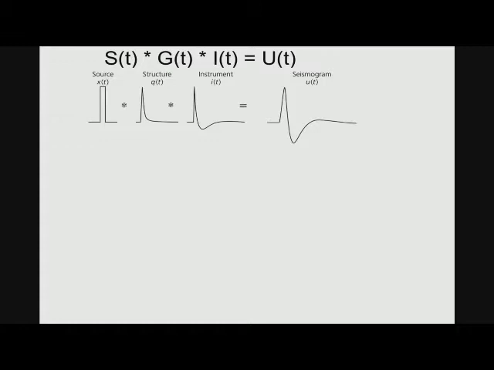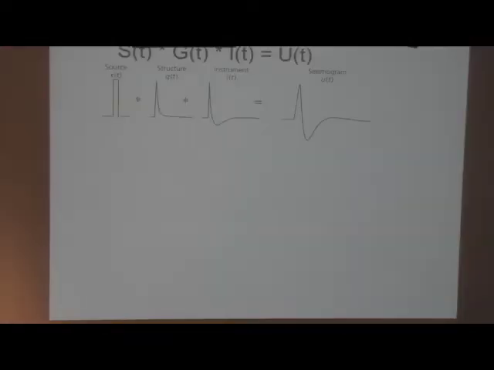Certainly we have to assume it when we're trying to invert our observation of ground motion for the source. So we assume that we know the structure, and we can actually solve for the impulse response from a particular location to our receiver. And then one thing we do know is the instrument, right? We record the ground motion through an instrument. We do know the instrument response.